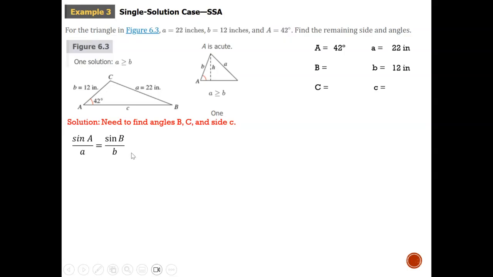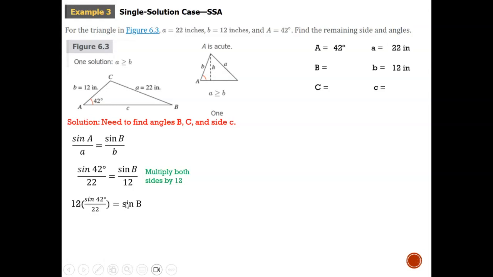It's less work. Okay. So we have sine of 42 degrees, because A is 42, over 22 inches equals sine of B over 12 inches. We're looking for sine of B, and we're looking for angle B. So here we multiply both sides by 12. It's going to give us 12 sine of 42 degrees over 22 inches.